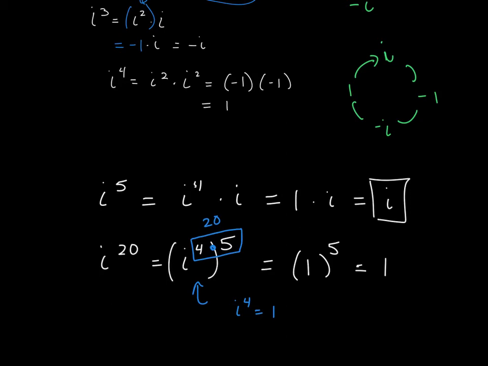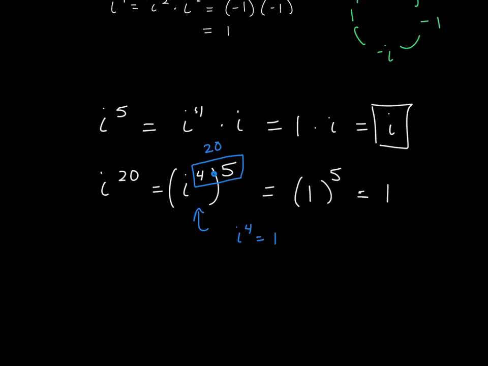Now, the question I always get is, how do I know how to break up the exponents? Well, the way I know how to do that is I take anything that is i to the n. So any i that has an exponent, what you want to do is take that value of n and divide it by 4.